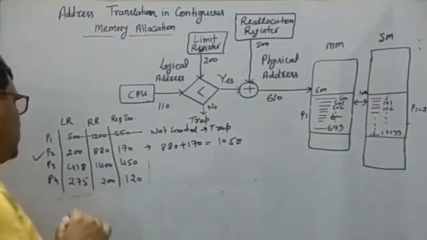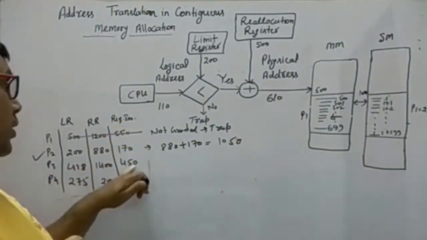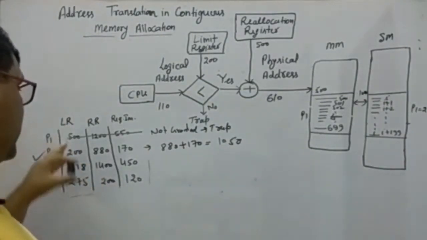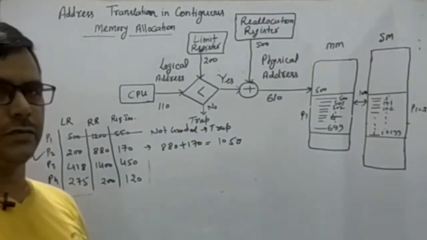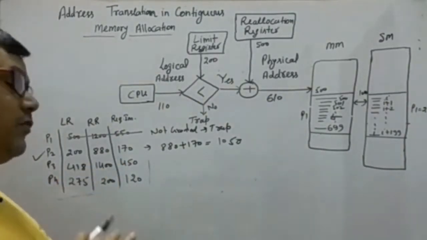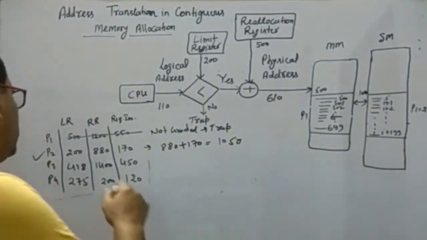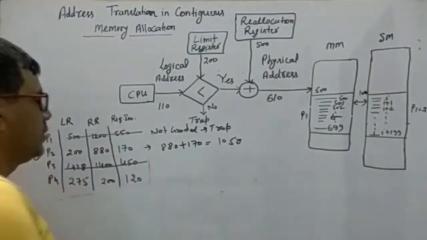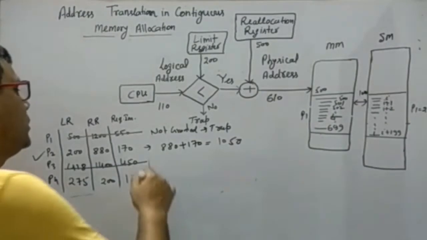Now P3 is here, the request is 450 and the limit register size is 418. Definitely 450 is not less than 418. Then the request will not be granted. That means it will be trapped.